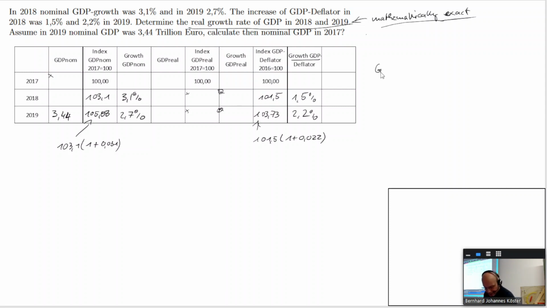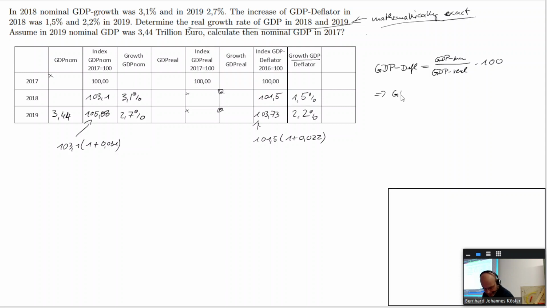So the GDP deflator is just GDP nominal over GDP real times 100, and this we solve for real GDP.